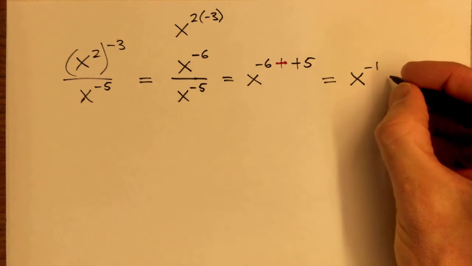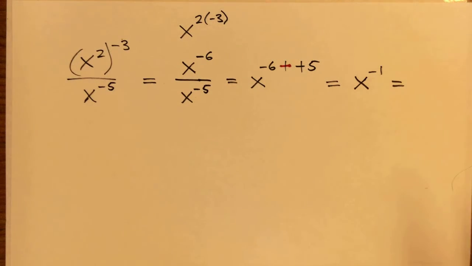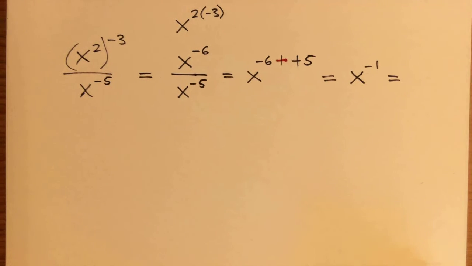And there's one more step, because you've got to give your answer in a form where the exponent is positive. So how can you write x to the power of negative 1 a different way where the exponent is positive? Or rather, the negative exponent has gone away.